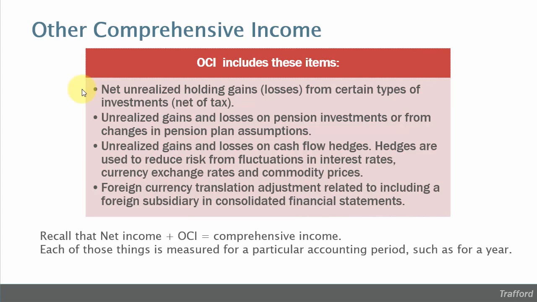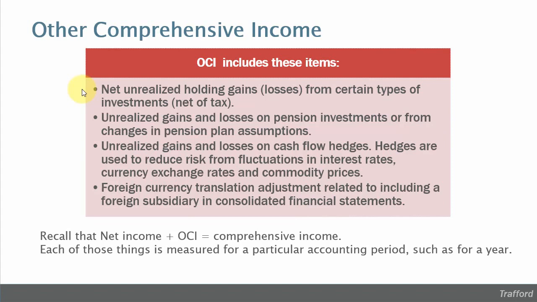This category used to be much more inclusive than it is now. There's actually fewer types of investment unrealized holding gains and losses that are considered to be OCI now than there used to be. But let me give you an example. First of all, it's not all unrealized holding gains and losses from investments. It's just certain types of investments that will generate OCI, unrealized holding gains and losses.